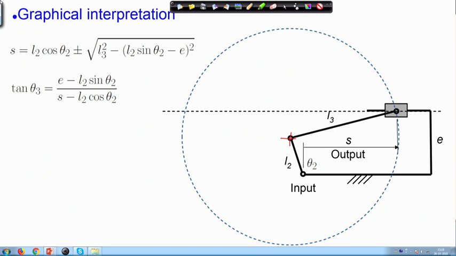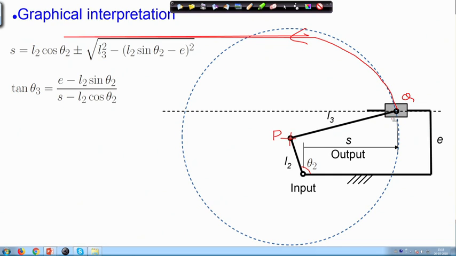Therefore, to assemble a mechanism, that means connecting the link L3 to the slider, this point was called P and this point was called Q. Now, Q can move on this circle.